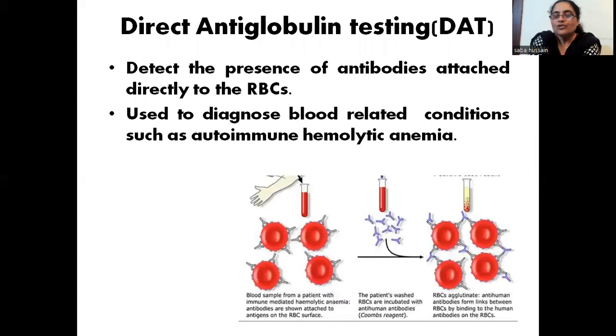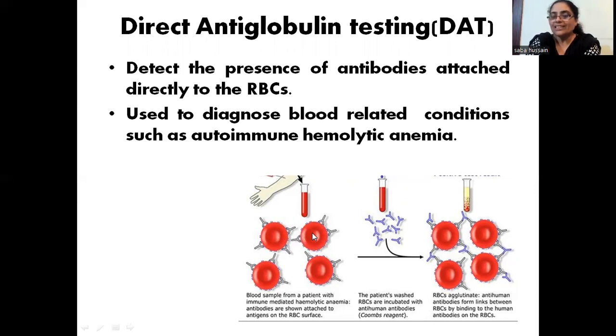So what happens during direct antiglobulin testing? Let us study that. It's the detection of the presence of antibodies attached directly to RBCs. Like this is the RBC in which antibodies are attached, but they are not clumping. These antibodies are causing certain kinds of blood related problems, and we want to detect them.